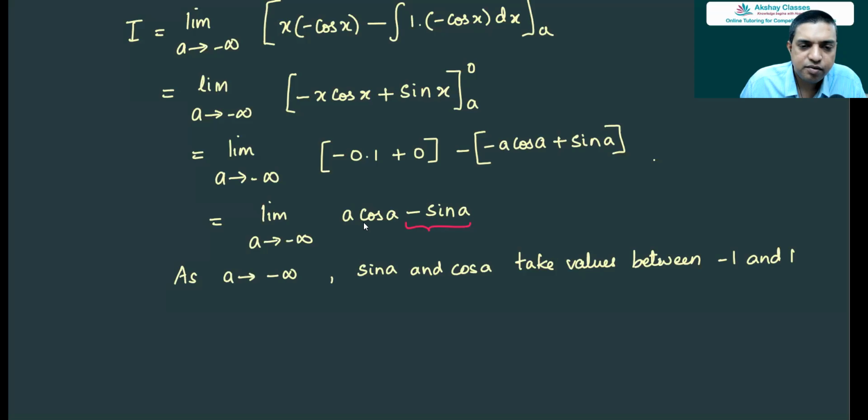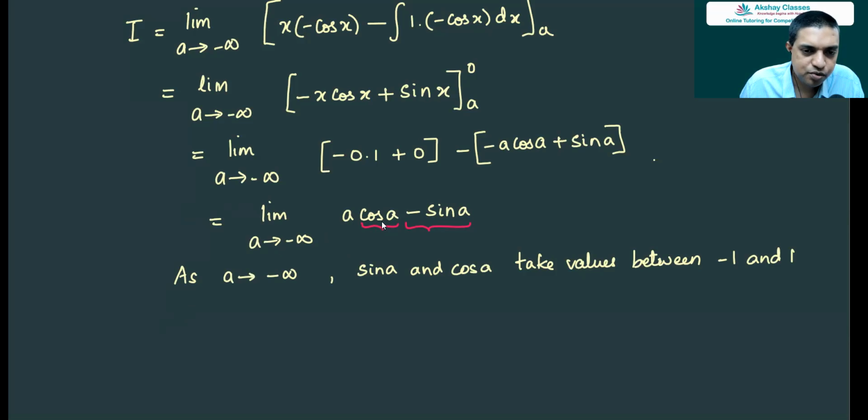Now cos a will also lie between -1 and 1, but a goes to minus infinity. When a goes to minus infinity, if cos a is positive, this limit goes to minus infinity.